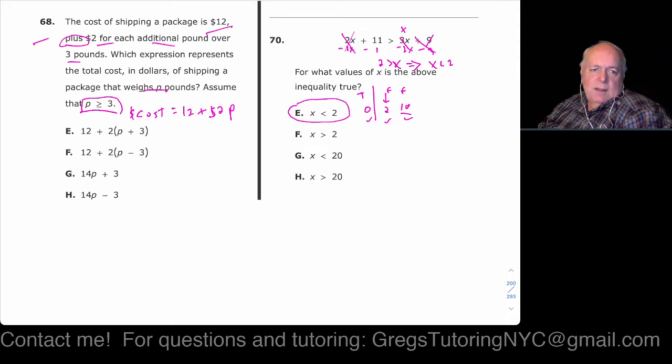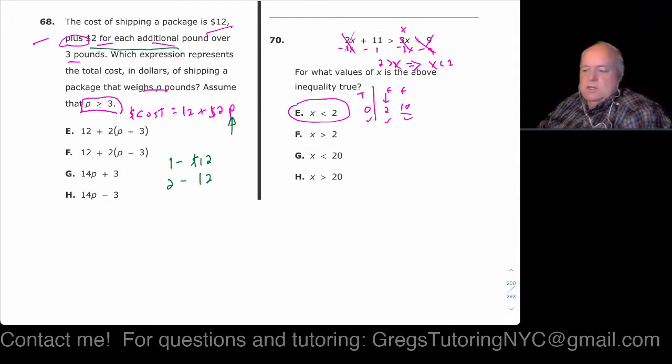We can't do 2 times 1 and get 2 and then plus 12 to get 14. That doesn't work. Just to be clear, if the package is 1 pound, the total cost is $12. There's no $2 for each additional pound, because there are no additional pounds. If it's 2, it's also going to be $12.